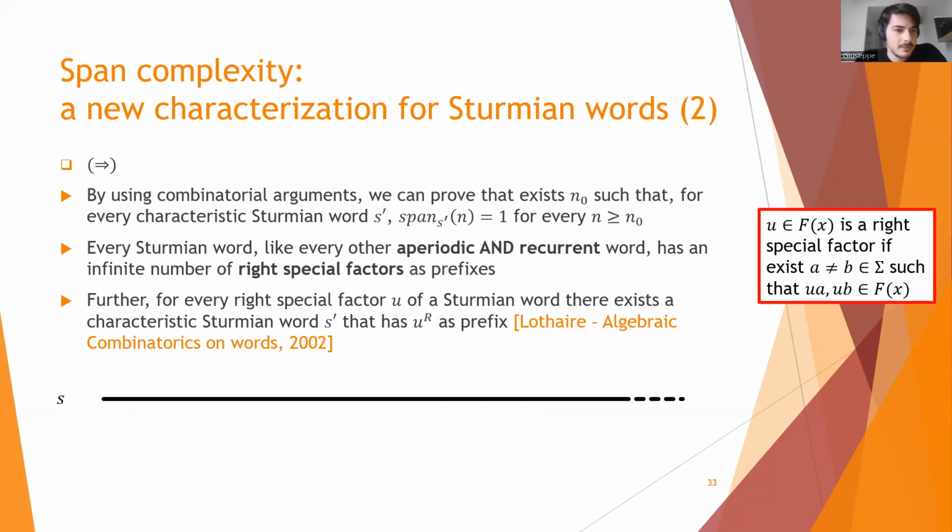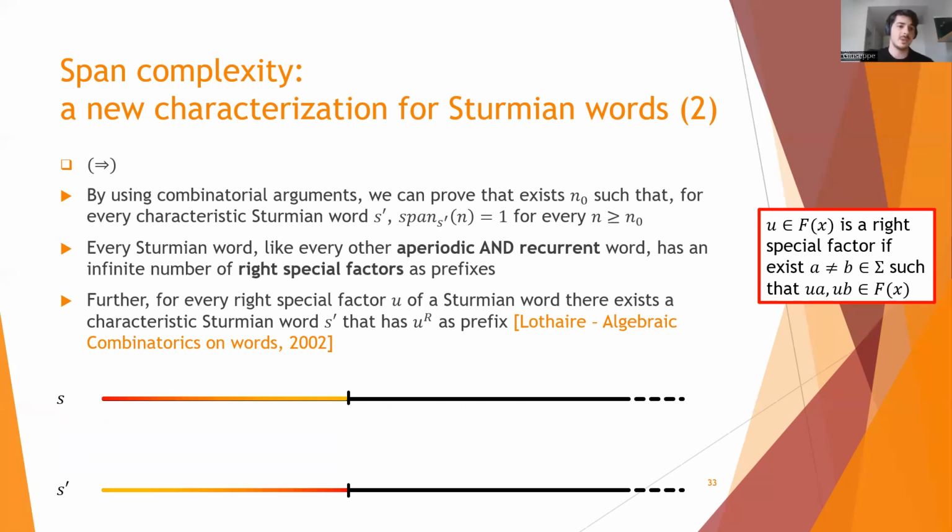So, for instance, if this is a generic Sturmian word, and this is one of the prefixes that is right special, this means that we have a characteristic Sturmian word with the reverse as prefix. But we have proved that for characteristic Sturmian words, we always have a string attractor with two consecutive positions. And given the property with respect to the reverse, this holds also for all these prefixes, which are infinitely many.